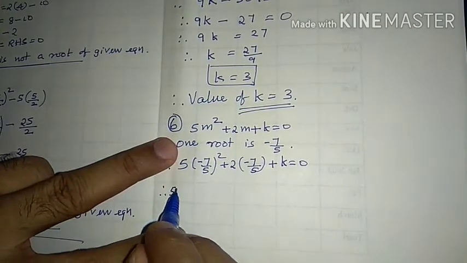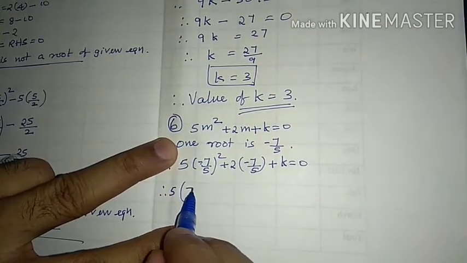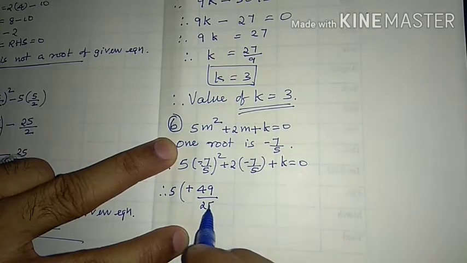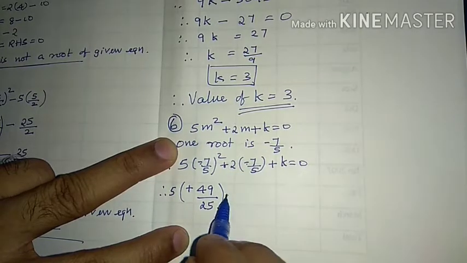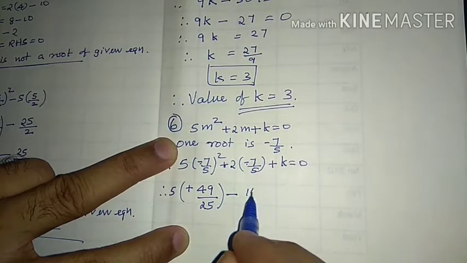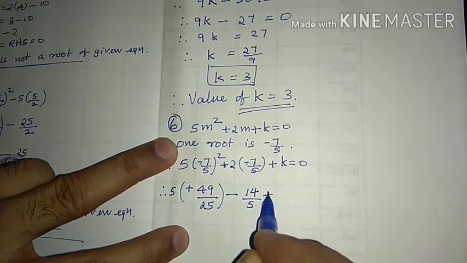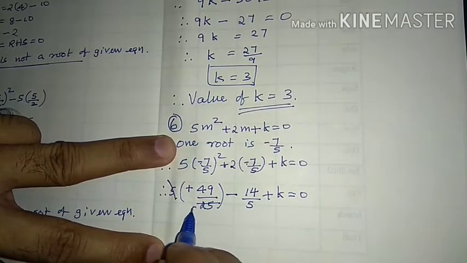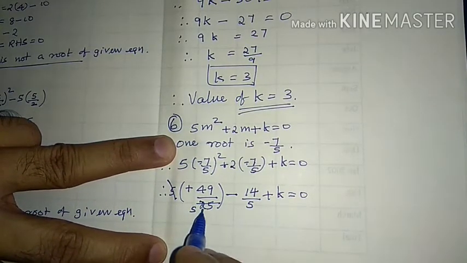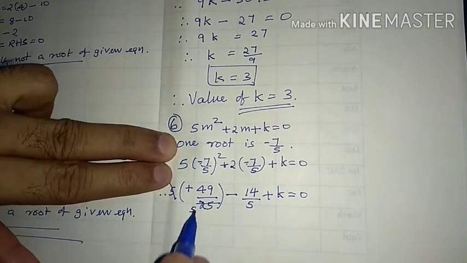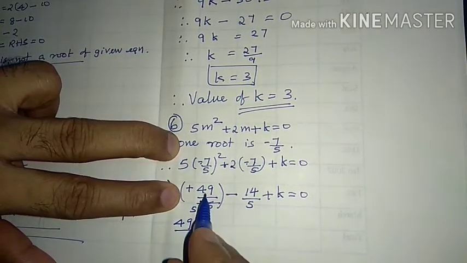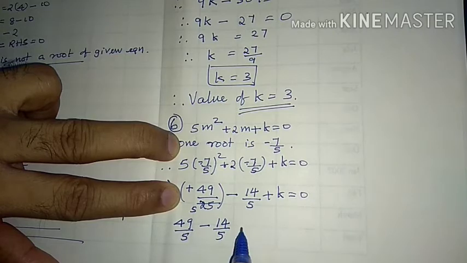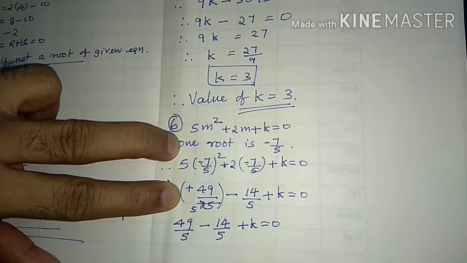Therefore, 5 into minus 7 by 5 squared: 7 square is 49 upon 5 square is 25, plus 2 into minus 7, that is minus 14 upon this 5, plus k equal to 0. Now here one 5 we can cancel in 25. 25 is 5 into 5, one 5 cancels the other one. So this is becoming 49 upon 5 minus 14 upon 5 plus k equal to 0.